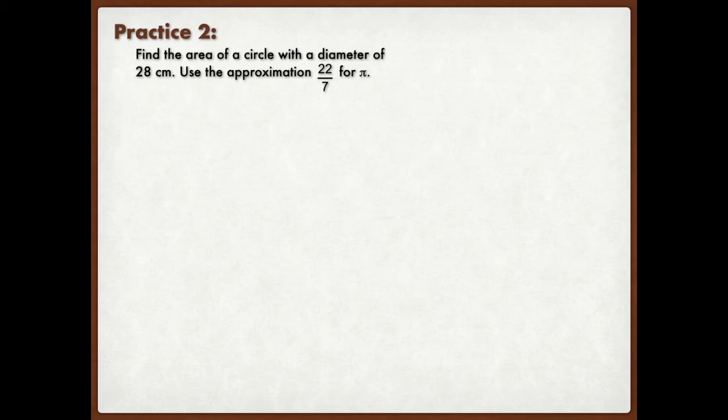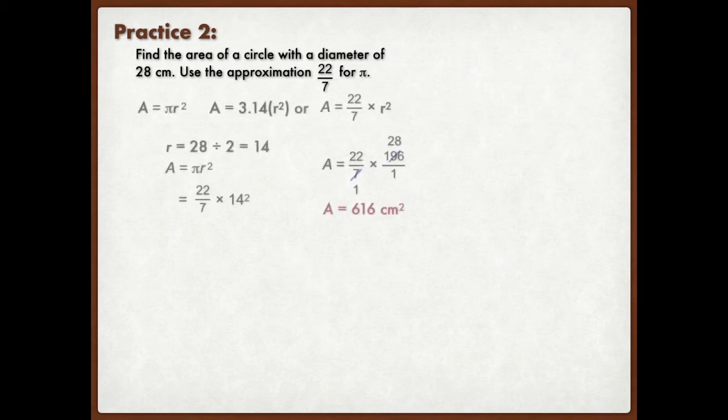Now I multiply 196 by 3.14. But in this case, I'm not doing that. I'm multiplying 196 by 22 over 7. So when I put 22 over 7 times 196, I can turn 196 into a fraction, 196 over 1. Well, I can cross multiply that, right? Does 7 go into 196? Yes, it does. 28 times. So let's see what we have so far.